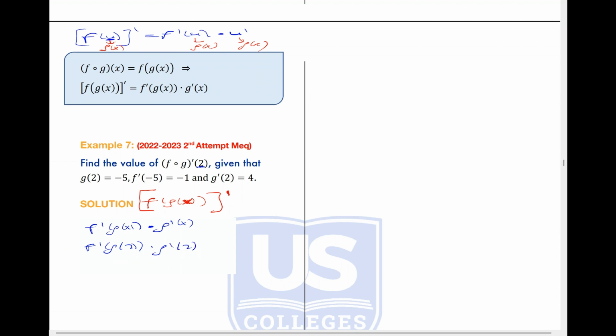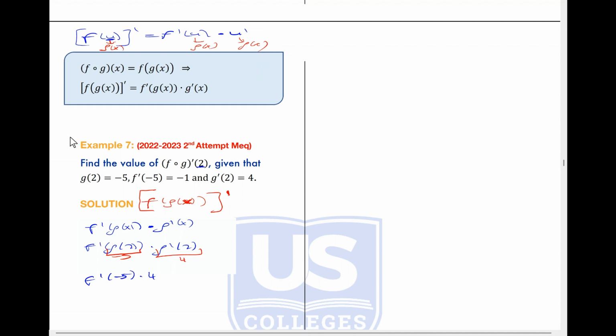So now insert the given in the question like in the previous question. Everything that we need to solve the question is given. I need g of 2, that's given as negative 5. I need g prime of 2, that's also given as 4. So now, when you write this again, it's f prime of negative 5 multiplied by 4.